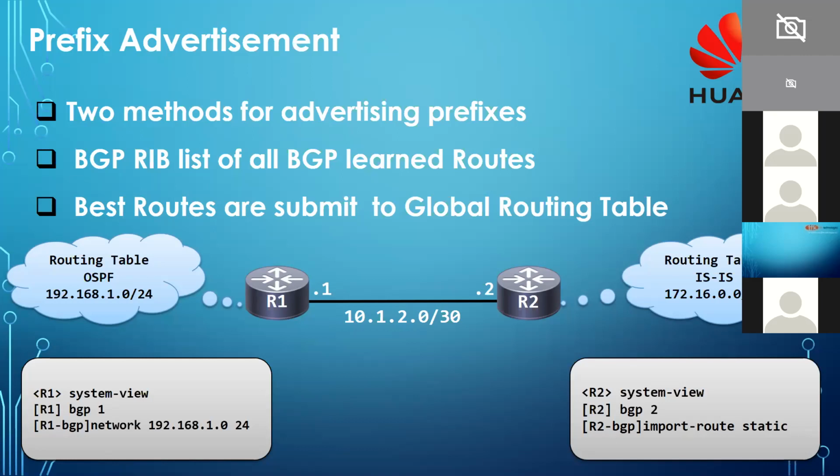But if you run BGP between two ISPs, you will advertise public routable IP addresses. Correct, I just wanted to confirm, because in this slide you also use internal addresses. Yes, it's just for the purpose of the explanation. I use the private IP address. Thanks, I got it. No problem.